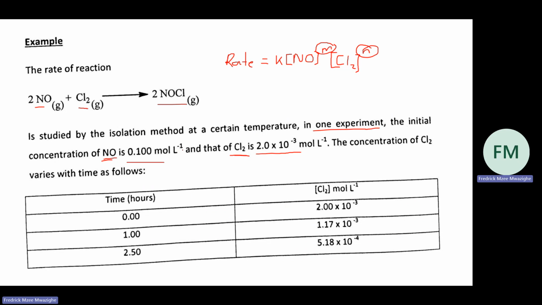So therefore, the one for NO is considered to remain constant, and the one whose concentration is monitored is chlorine. This one is monitored with time, and this is the data that we have here. So this experiment helps us to find the order of the reaction with respect to chlorine.